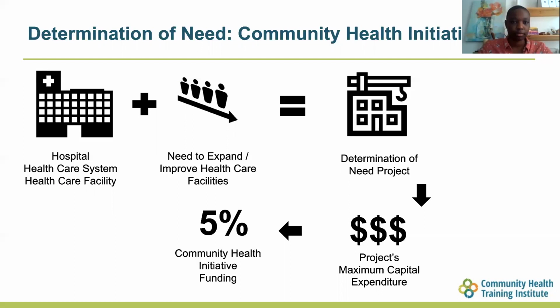By including this in the regulation, we were able to set new standards through sub-regulatory guidance, which ensures that CHI dollars are planned through an inclusive process and that strategies address the social determinants of health, and that the CHI planning process influences community health planning activities undertaken by hospitals to meet IRS and Massachusetts Attorney General requirements for community benefit. I will now talk a little bit more about how we do this.